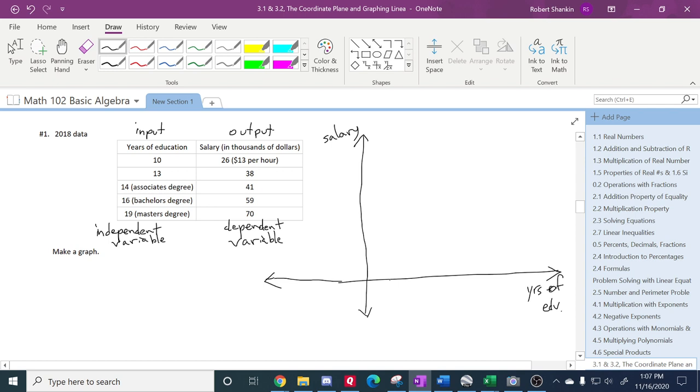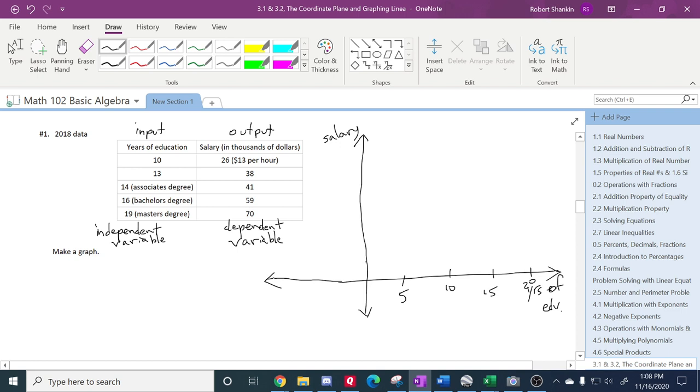So this just needs to go, highest value is 19, so we'll go up to 20, maybe by fives. And then the salary has got to go up to 70.